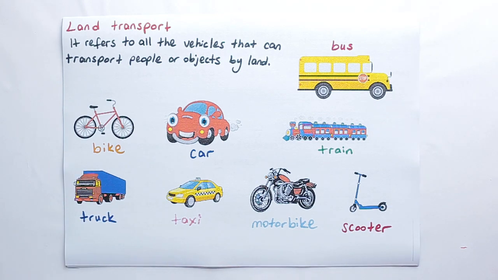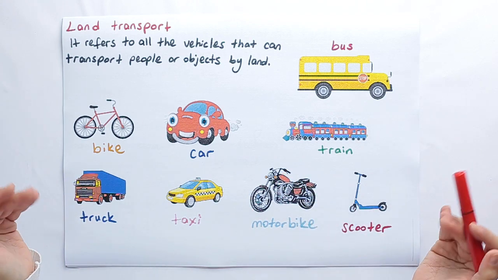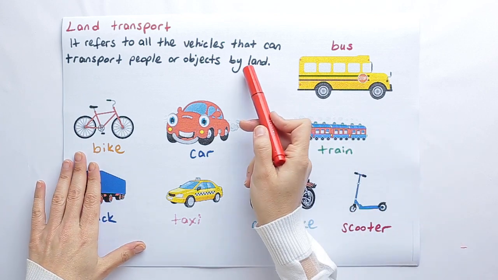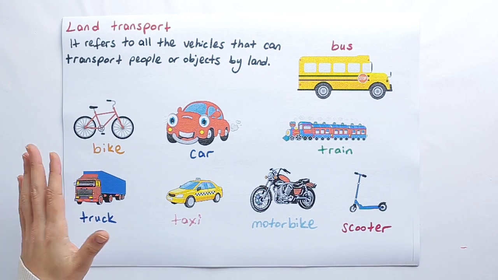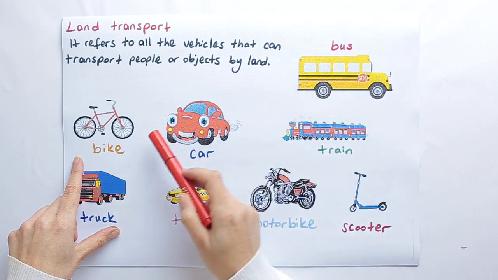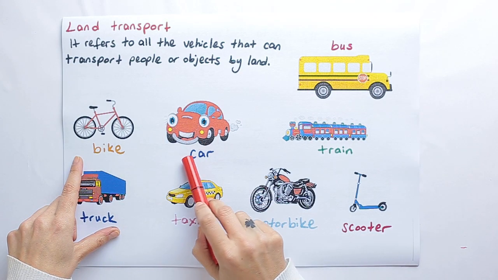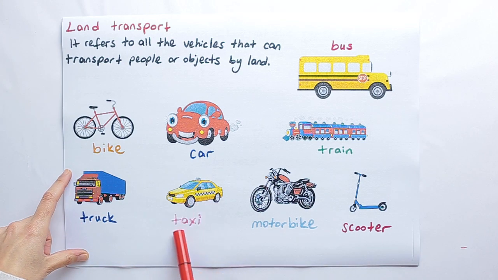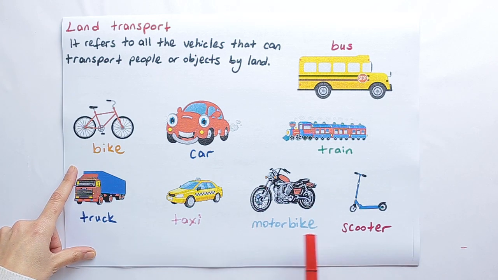Land transport refers to all the vehicles that can transport people or objects by land. For example, bus, bike, car, train, truck, taxi, motorbike, and scooter.